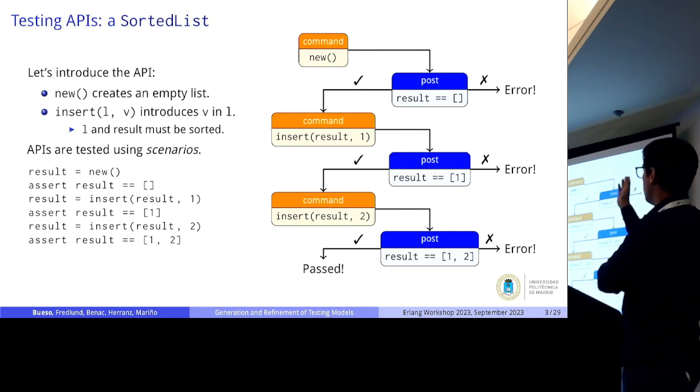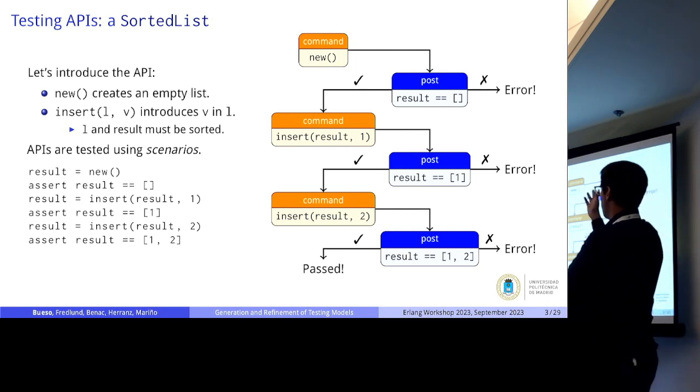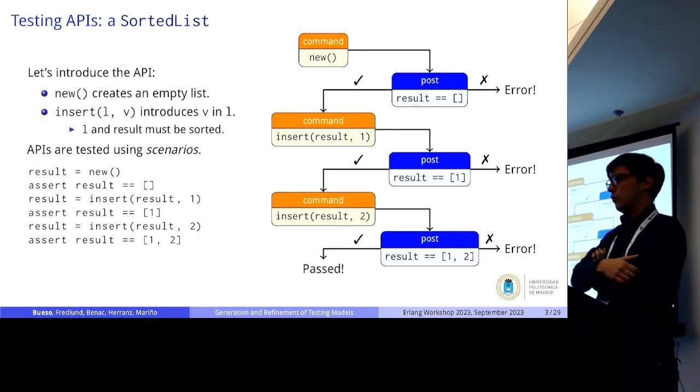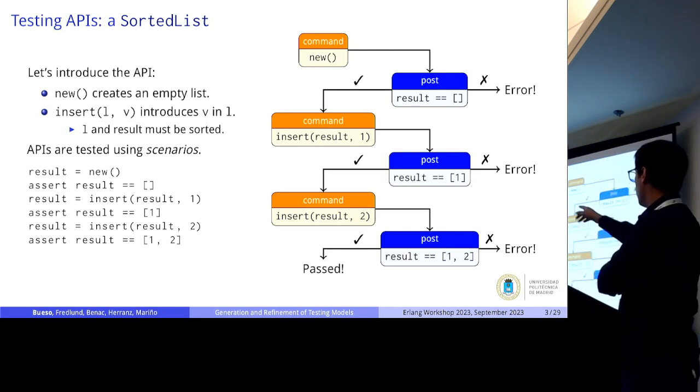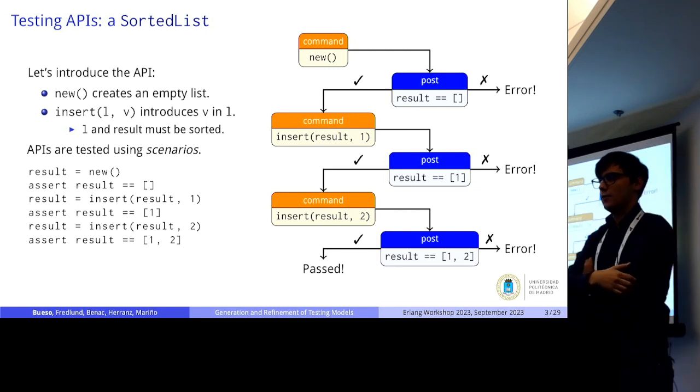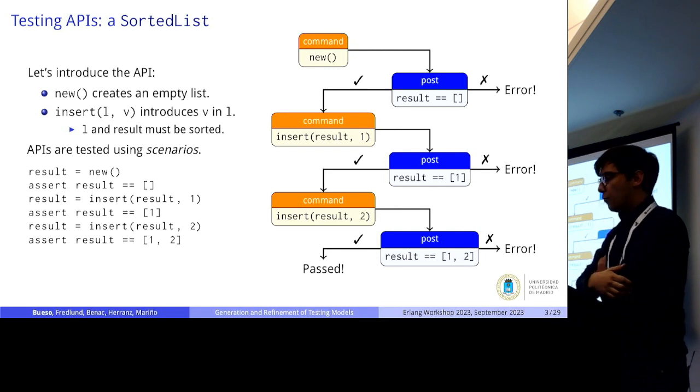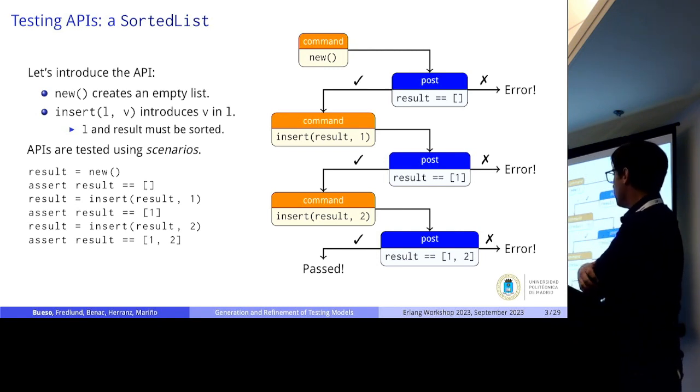Notice that we are going to use an API for working with sorted lists. So the result, especially in insert, must be a sorted list, and also the argument list in insert must be a sorted list.